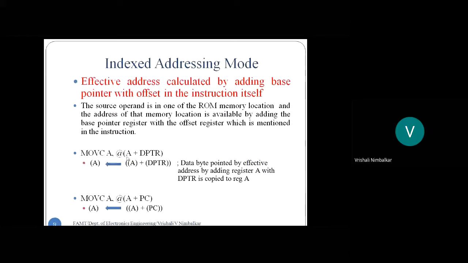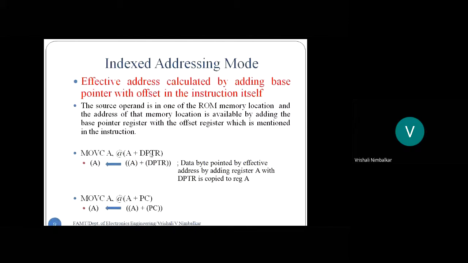And how is the instruction? MOVC A comma @, that means it is again indirect, right? And see inside the bracket A plus DPTR. So DPTR is holding the address of ROM memory. Accumulator is holding some number. And what is happening?